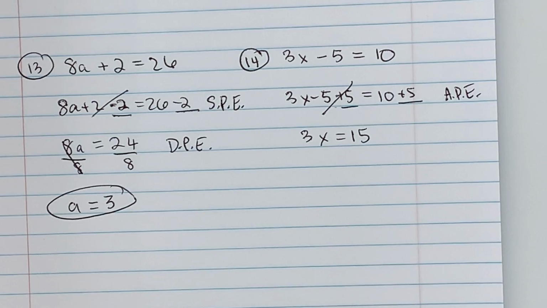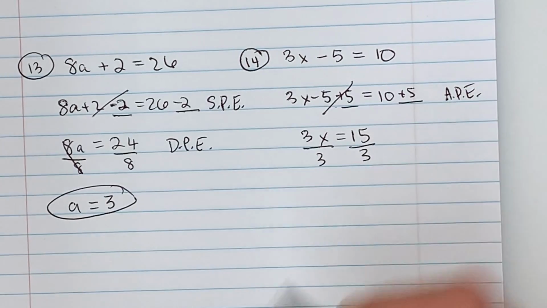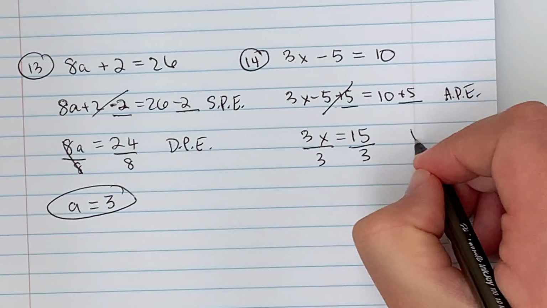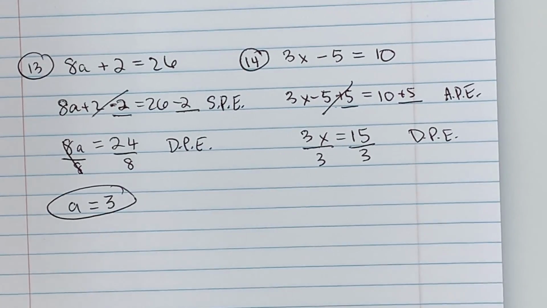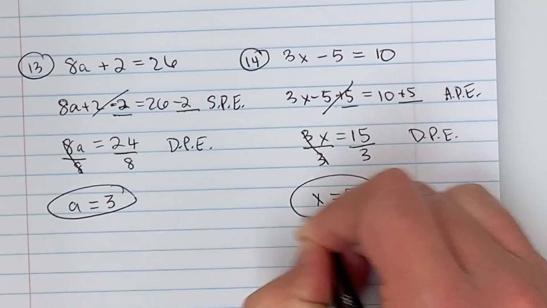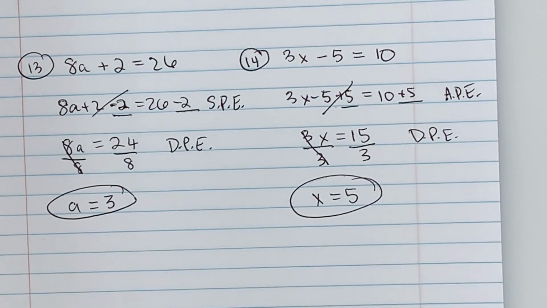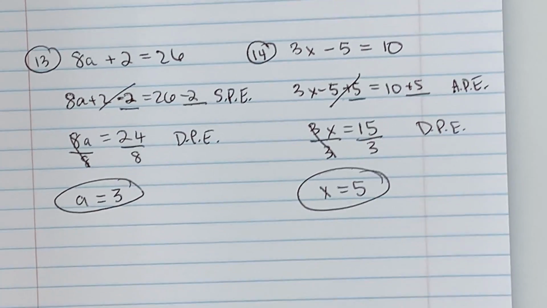What are the 3 and the x doing? They're multiplying, right? Opposite of multiply is to divide, so we're going to divide both sides by 3. There's our division property of equality. 3's cancel out. We get x equals 5. All right, let's look at number 15.